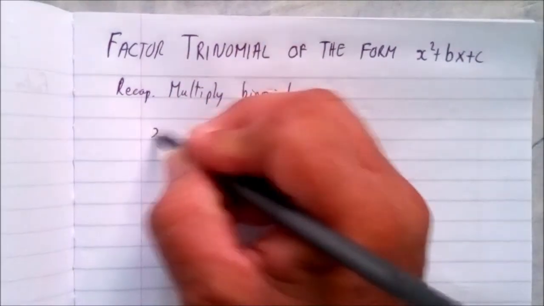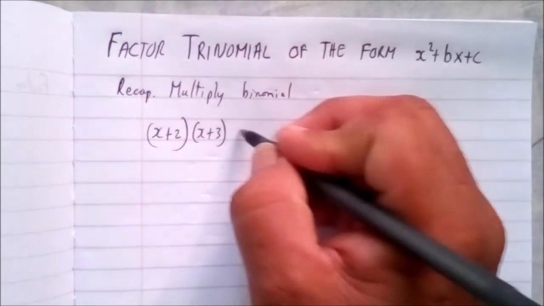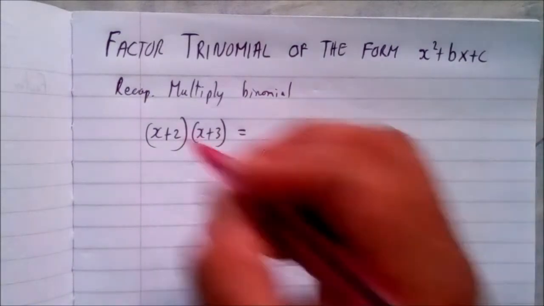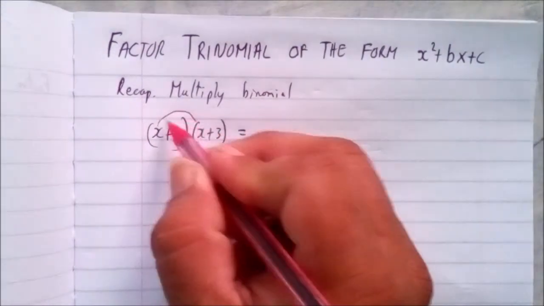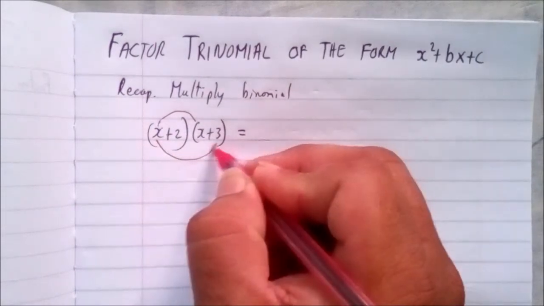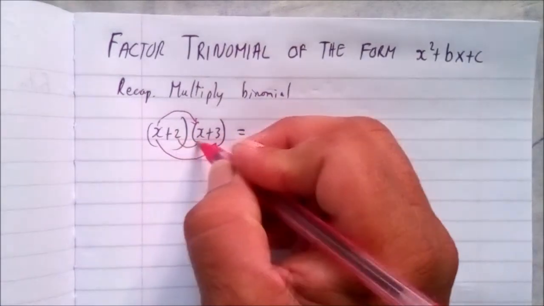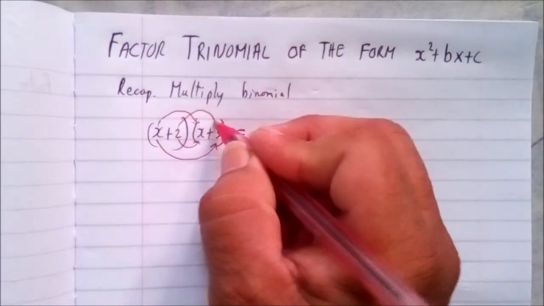So if we have x plus 2 and x plus 3, we will multiply this by this and this by this. Remember the FOIL method, okay? And then this term by this and this term by this.